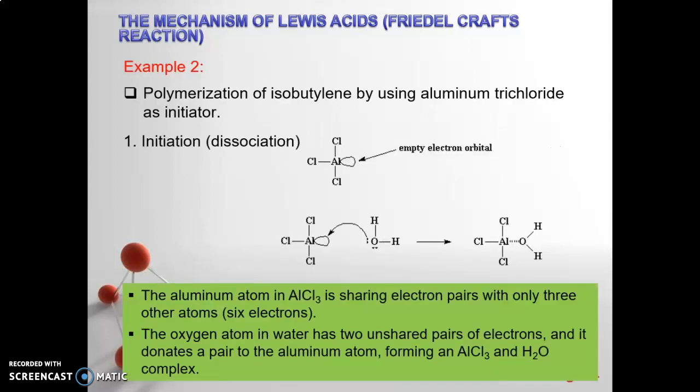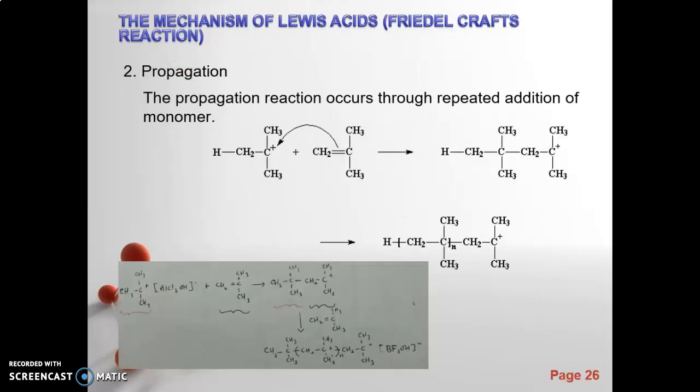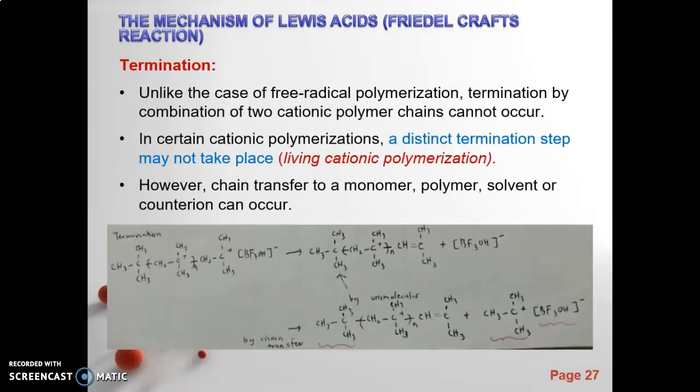Here it says transfer of proton to counter ion, it goes to the bond, not the presence of a hydrogen atom, it goes to the bond. Okay, so this is by unimolecular. So here it is AlCl3 that changes, not BF3OH.